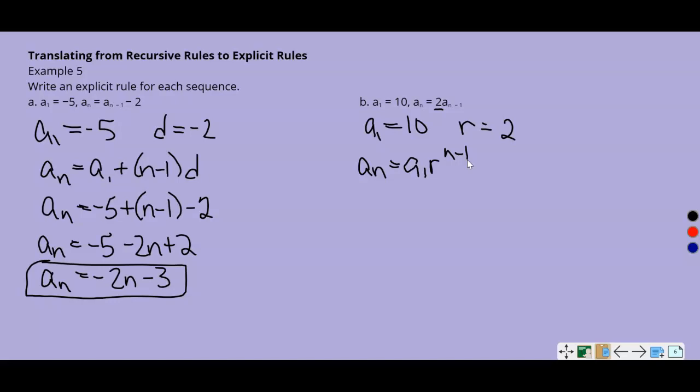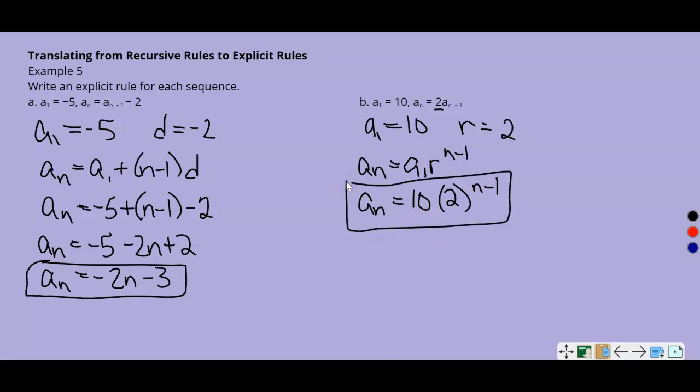Again, this formula will be given on the EOC reference page. So we've got a sub n equals, our first term is 10, times our common ratio raised to the n minus 1 power. So this would be the explicit rule for B part.